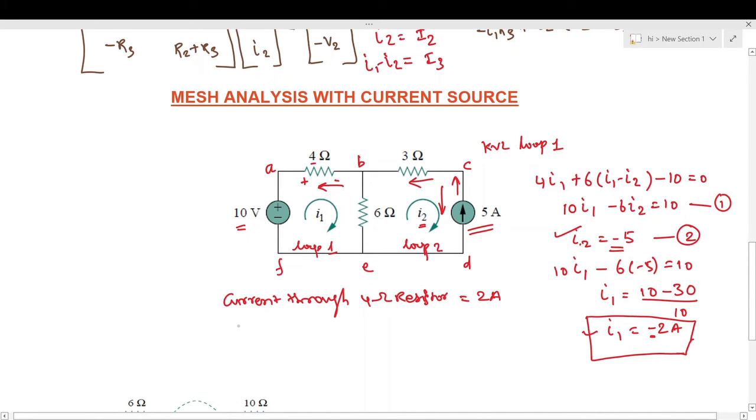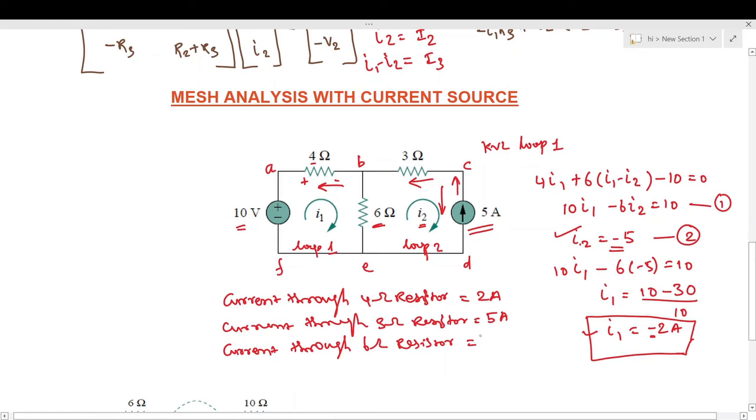Okay, now the current through the 3 ohm resistor is equal to 5 amps. Current through the 6 ohm resistor, that is this resistor, is equal to the difference of mesh currents I1 and I2.